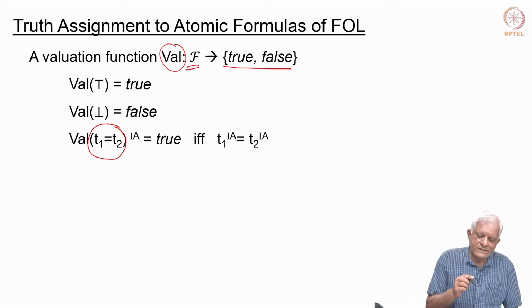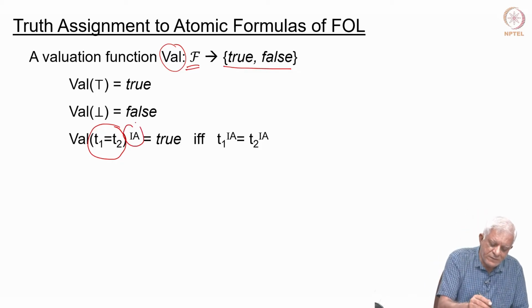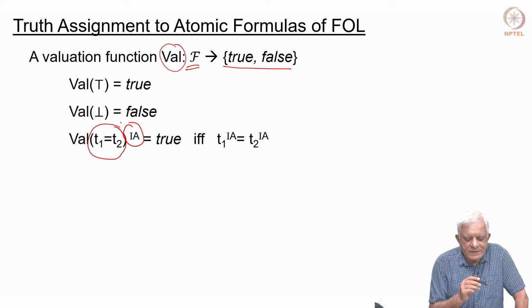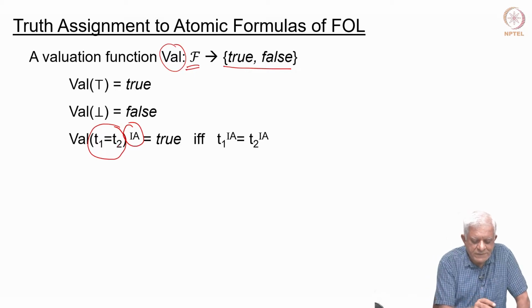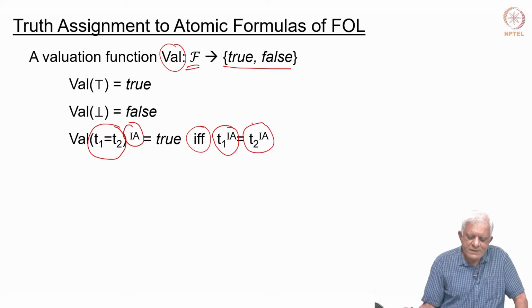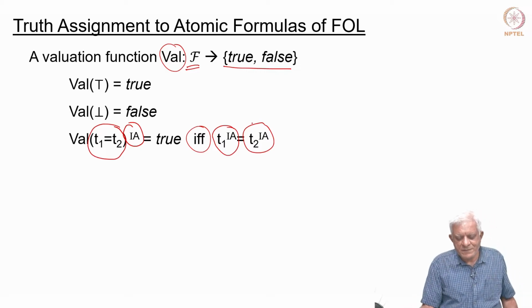But to decide that, you give me an interpretation mapping and you give me an assignment function, and then I will tell you whether the formula is true or not. The way to decide whether this formula T1 equal to T2 is true or not under the interpretation I and the mapping A is if and only if the two terms under the same mapping and assignment map to the same element. So, they are the same.